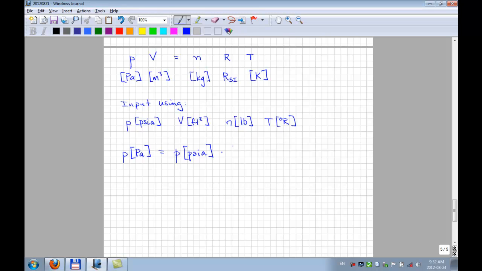To do that, we've got 14.50377 PSIA per bar. Again, I'm just going to keep that nomenclature of the absolute. And then to convert from bar, we've got 10 to the 5th Pascal per bar.